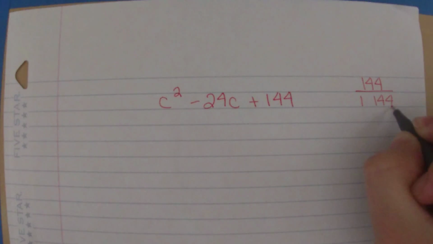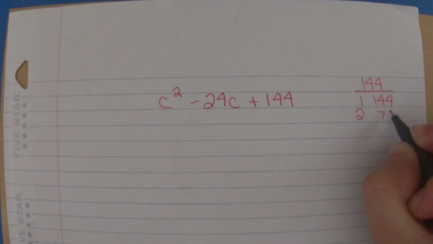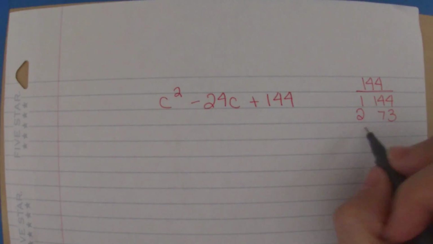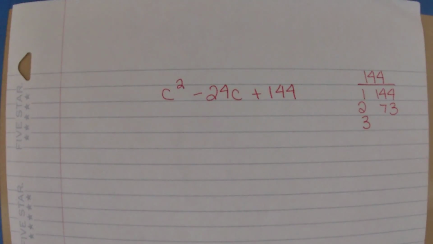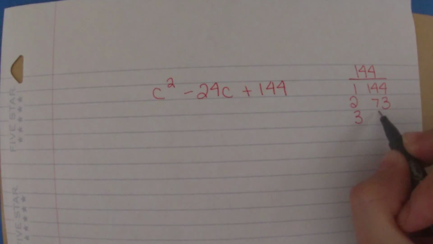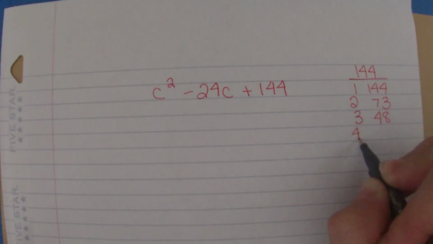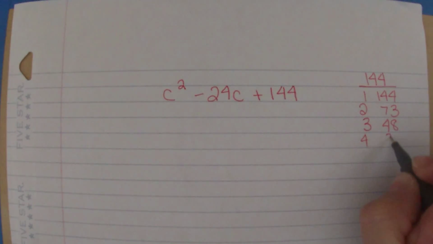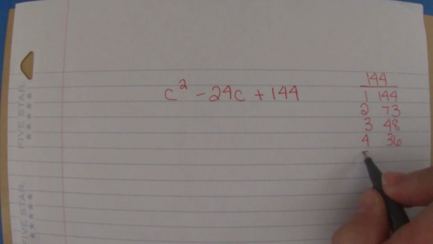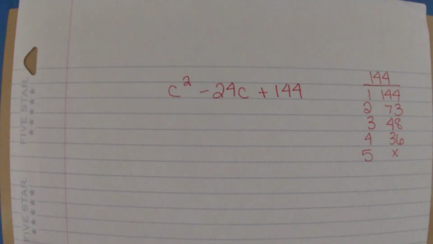And so we make our list. 4, 8, 9, 3 and... Okay, I don't trust myself now because I messed up the last one. 48, 4, and 36, 5 and nothing. Right?